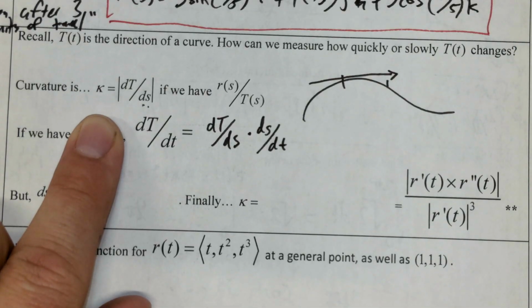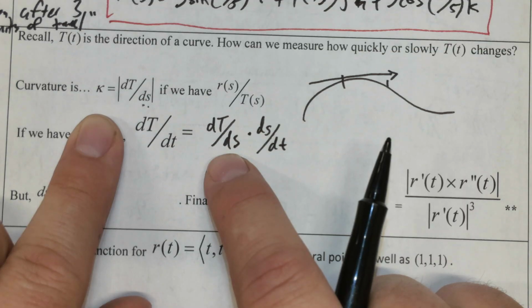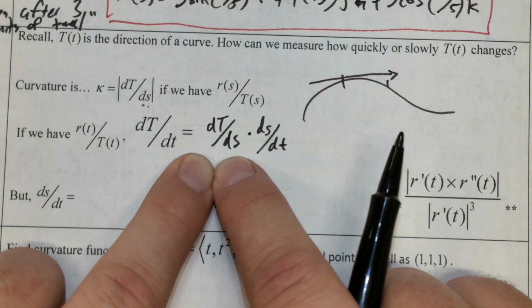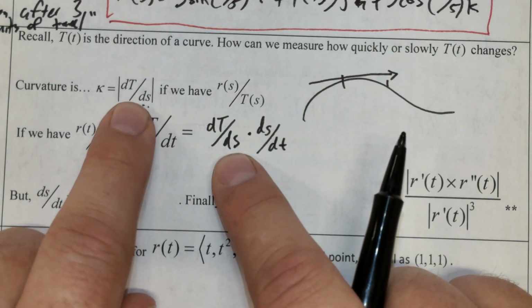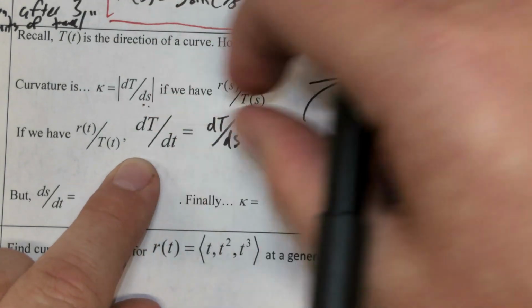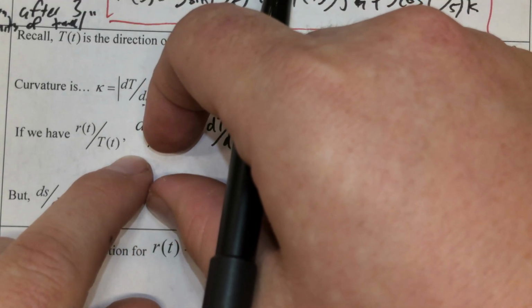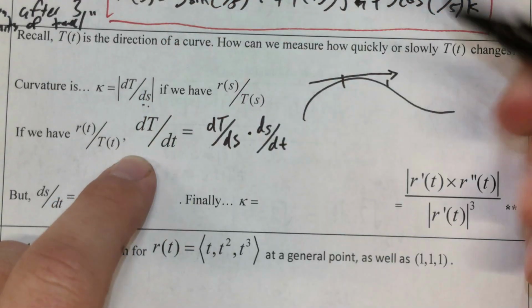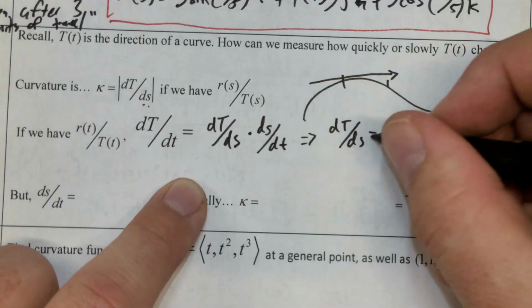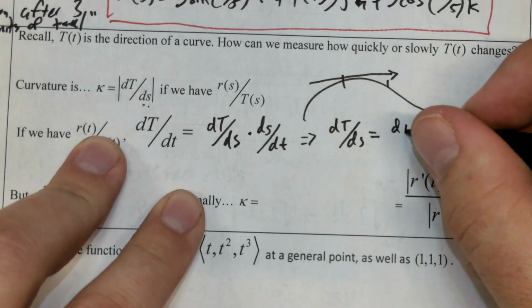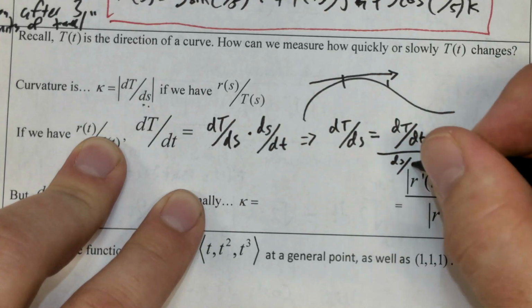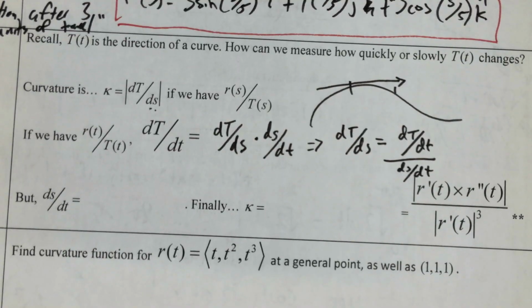Well, if dT/ds is what I'm trying to solve for, and I know these two things are equal, I would just divide this ds/dt over.